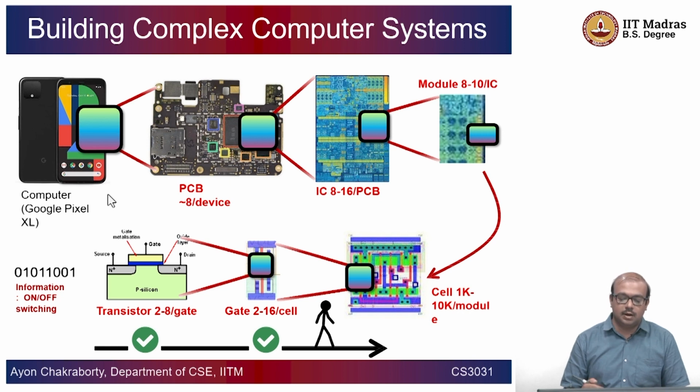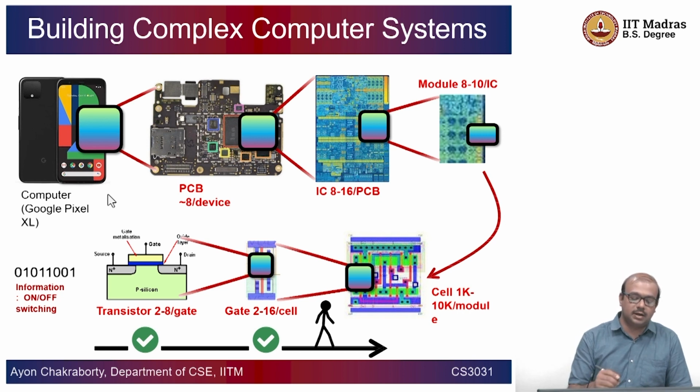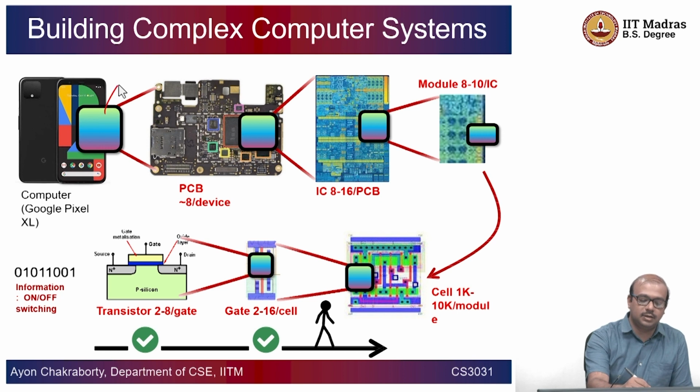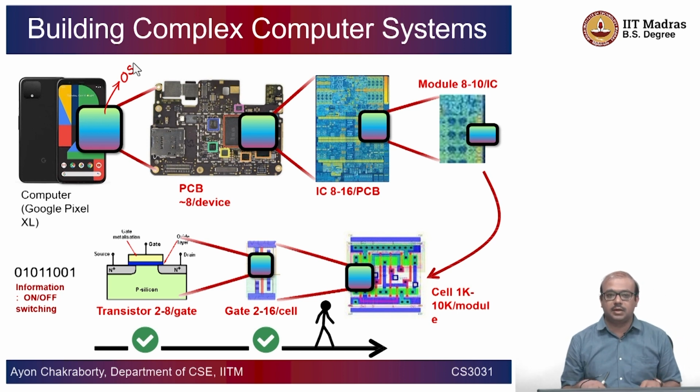And if you understand this, all the software, the applications, the Android operating system, for example, running on the smartphone, eventually everything is going on by orchestration of some gates underneath, right?